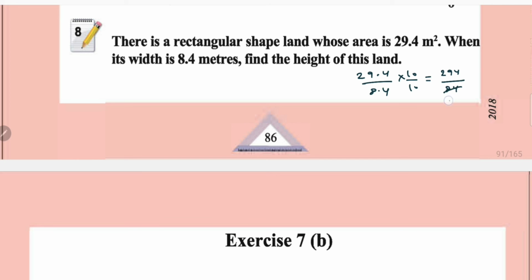This becomes 294 by 84. No, it will not go by 4, it will only go by 2. 2 1s are 2, 2 4s are 8, 2 7s are 14. So the answer is 3.5 meters.